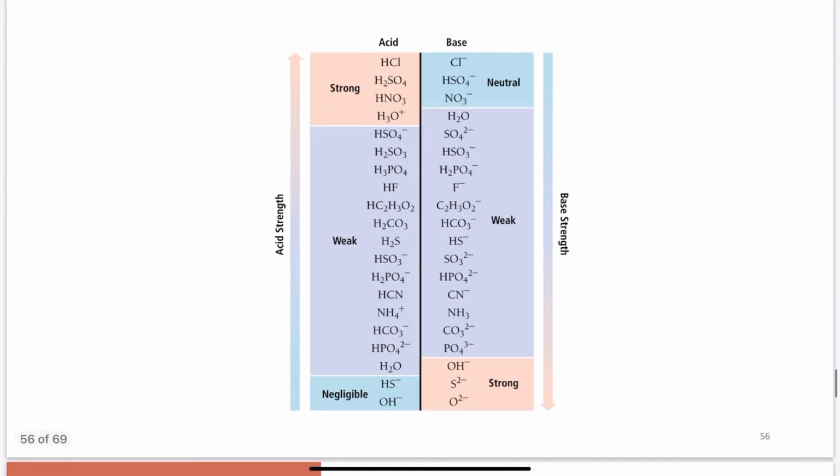So, some nice charts for you guys, these are straight from your books, you can find them there, but I really like them, just kind of showing you the acid and its conjugate base, and its general strength. So your strong acids, their bases are pretty neutral. H3O plus is the strongest acid that can exist in aqueous solution.